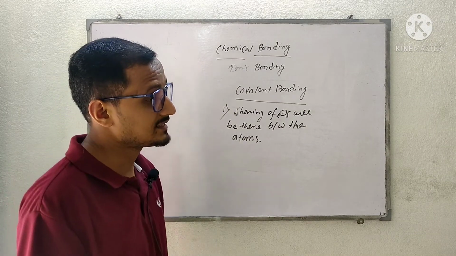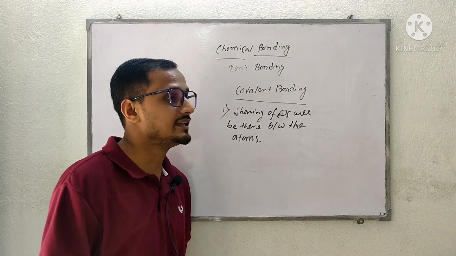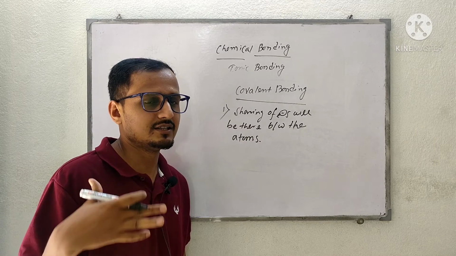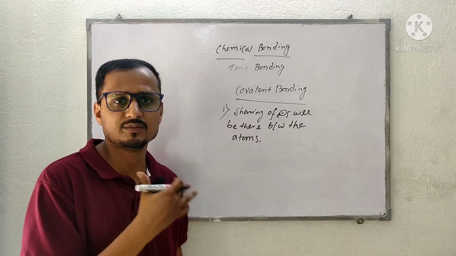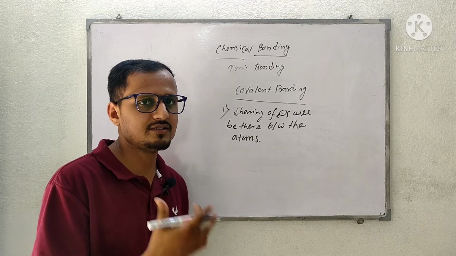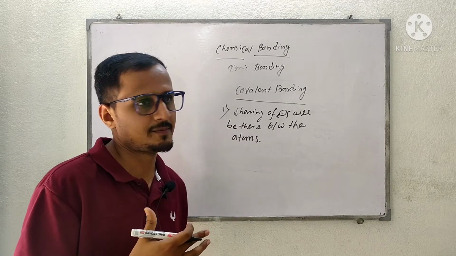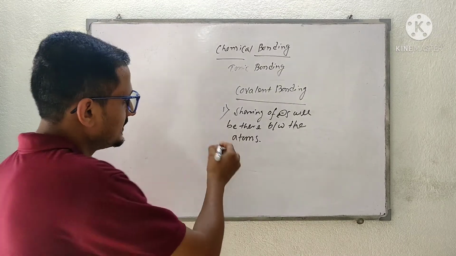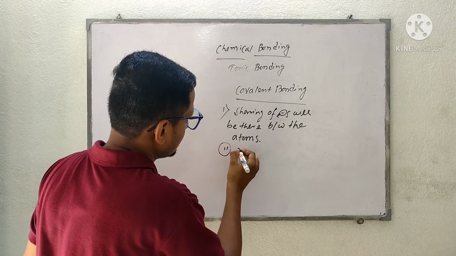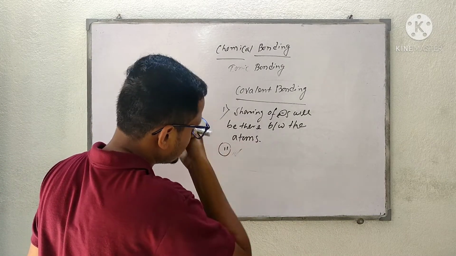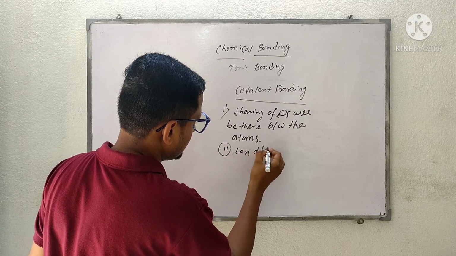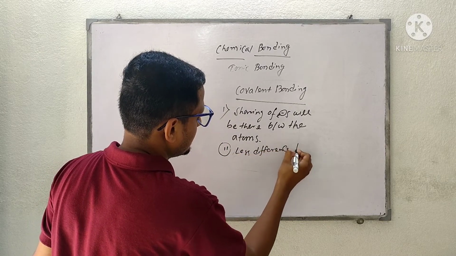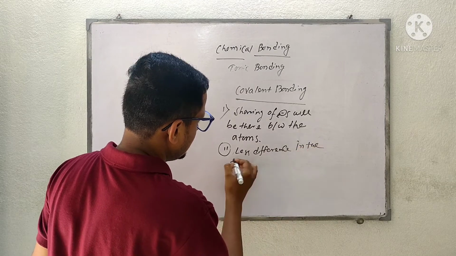Okay. Now same case here: in case of ionic bonding we have seen the difference in electronegativity is much higher. Here a small difference in the electronegativity will be there.